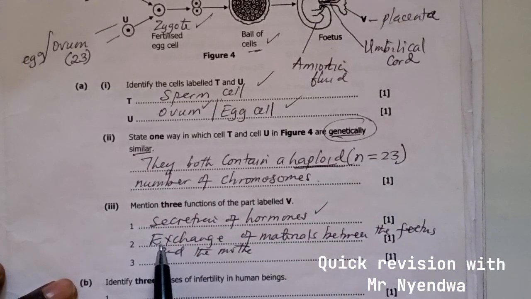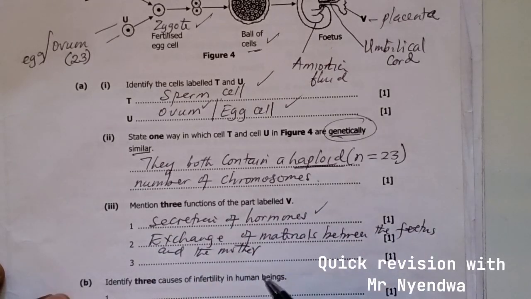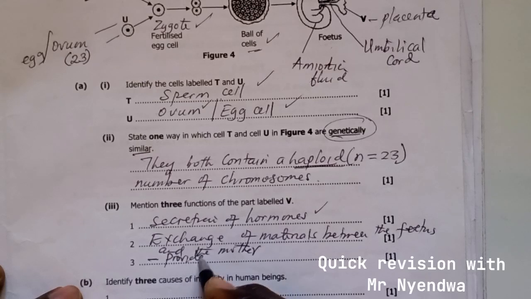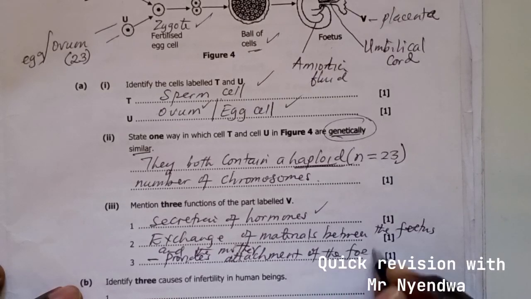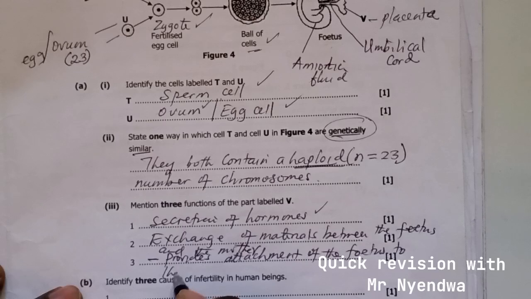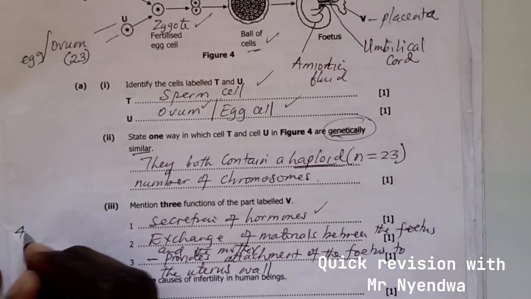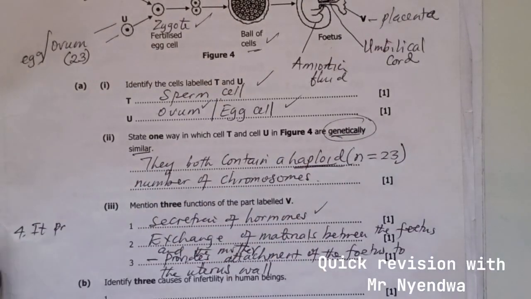We can also talk about exchange of materials between the fetus and the mother. That's another function. Another one we can say is that it provides attachment of the fetus to the uterus walls. But of course, we can also say it protects the fetus, because the maternal blood and the fetal blood do not mix.